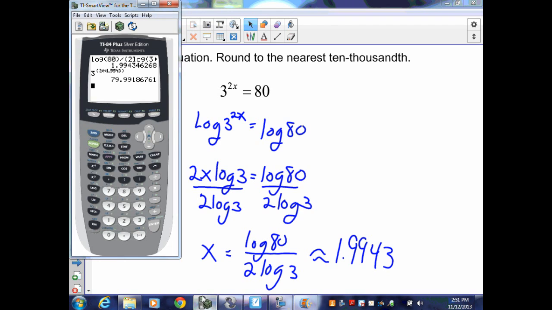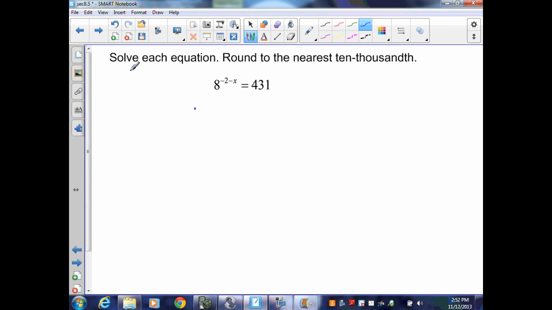So I'm going to substitute that value into my x, 3 to the 2x, and see that I have 80. So in the calculator I have 3 to the 2 times 1.9943, and when I calculate that I get 79.99, which approximates to 80.